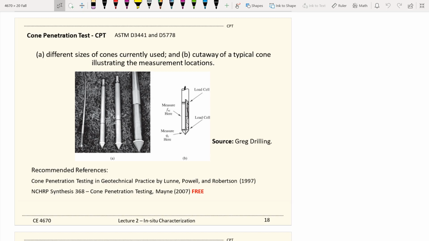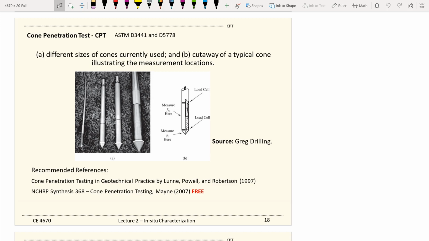So you get rid of the discrete points of measurement, because with SPT you are making measurements at every 5 feet, limited to discrete points. Here you continuously push a cone into the ground, and then you have a continuous profile of the soil resistance.